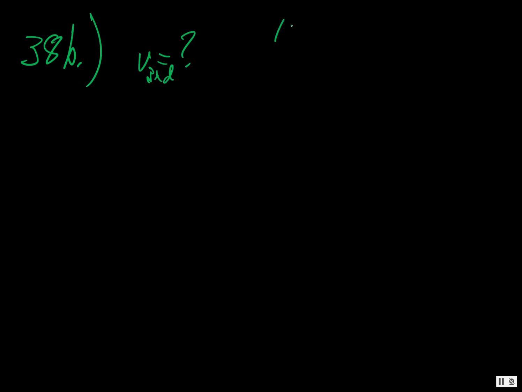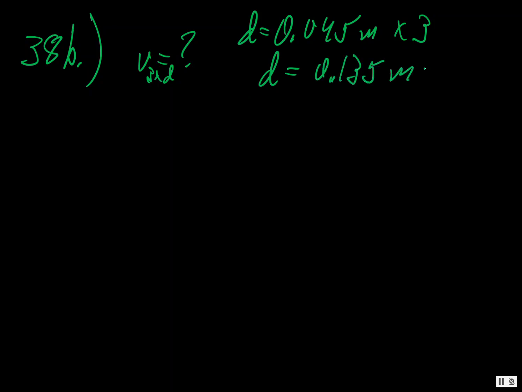Well, if the diameter is 0.045 meters, and that's times 3, then you get a diameter of 0.135 meters. Now, we've got to remember something: the flow rate is constant.